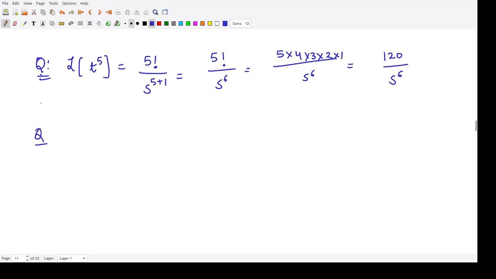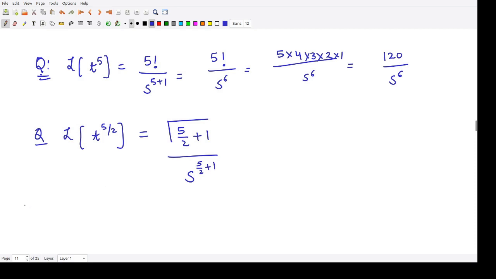Now let us see another question. What would be the Laplace transform of t to the power 5 by 2? Here, because this is a fraction, we would use the formula with gamma of n plus 1. N is 5 by 2, so we have gamma of 5 by 2 plus 1 divided by s raised to power n plus 1, so 5 by 2 plus 1.